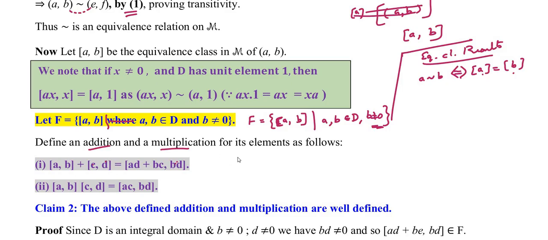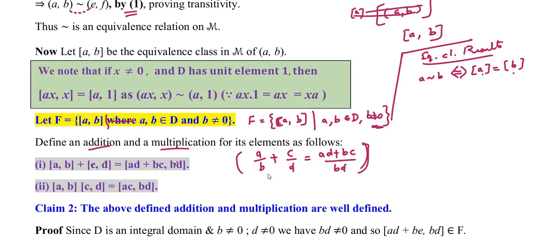If you feel that this is very difficult to remember, just recognize this AB as A by B and this one as C by D, so that you can have AD plus BC by BD.